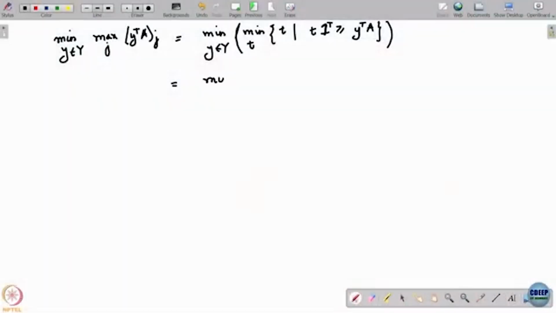So, effectively this becomes the minimum of t over both variables t comma y, subject to the constraints in y as well as the constraints that are there in t, that is, t times 1 transpose greater than or equal to y transpose A, and the constraints that are there in y.